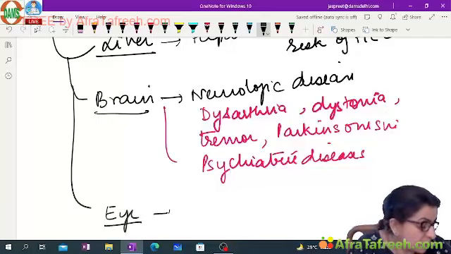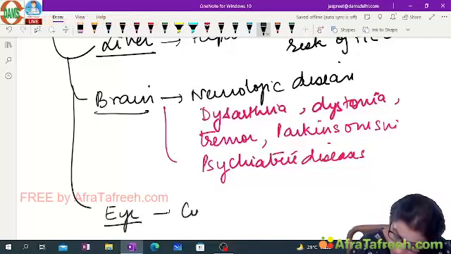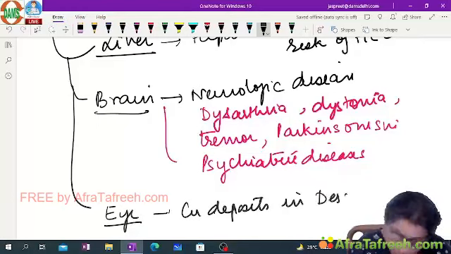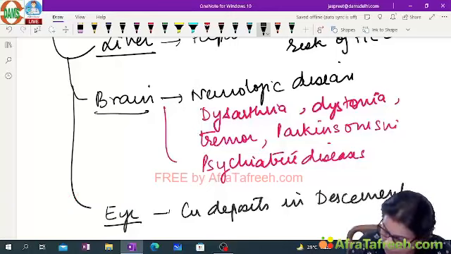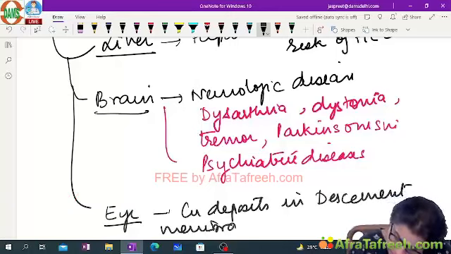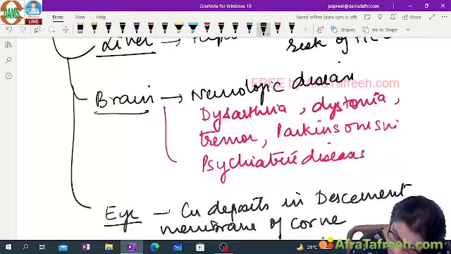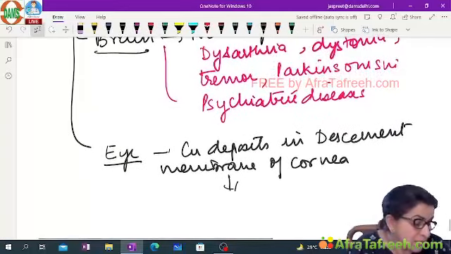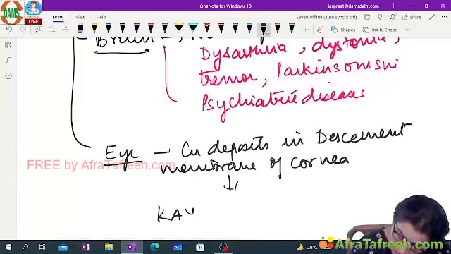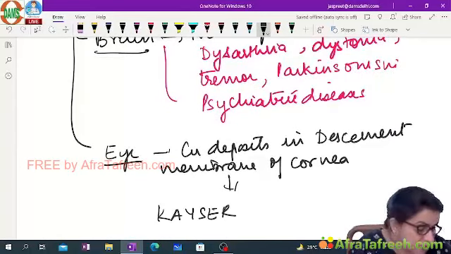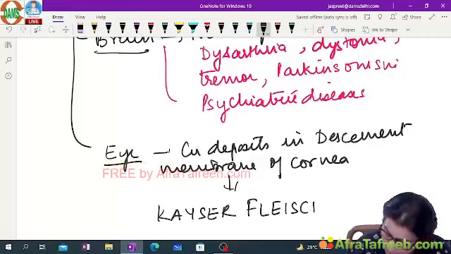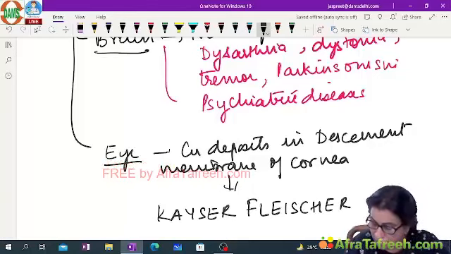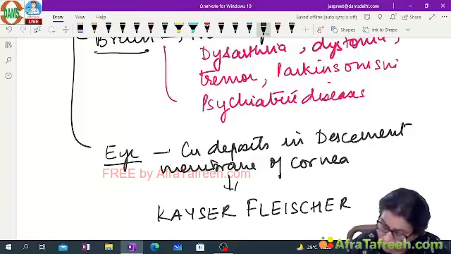In the eye, copper deposits in the Descemet membrane of the cornea, and this produces what you call Kayser-Fleischer rings.